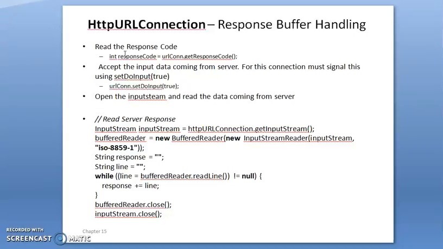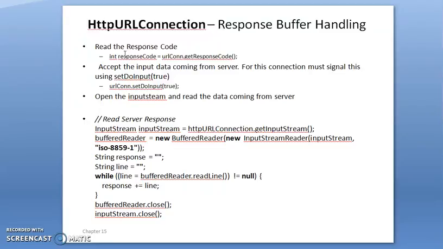This will tell us what kind of response we are getting, whether the URL exists or not, and that the data has been sent. And then we can start accepting the data from the server. For that, we must call setDoInput true. If we set doInput false, then we cannot accept any input from the server.